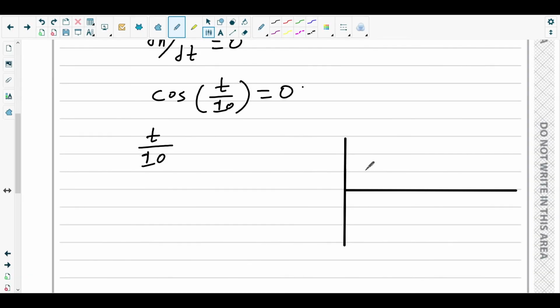Cos 0 degree is 1, the maximum value for cos theta. Pi over 2 is 0, that is 90 degrees, 0. Then 180 gives minus 1, 270 again 0, and then 360 again 1, and after that at 450 it is again 0.